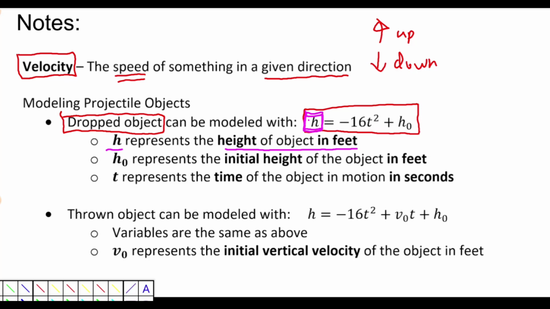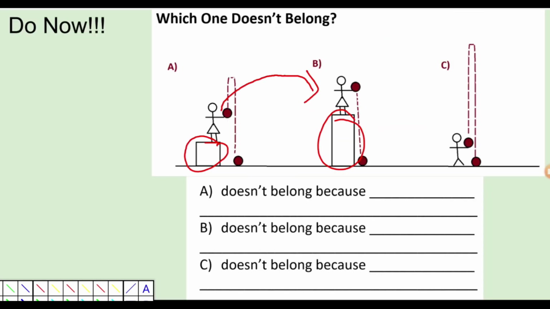H sub 0, this little guy here, represents the initial height of an object in feet also. Now if you think back to the last two problems, when we say initial height, we saw that these people were standing on some platforms.